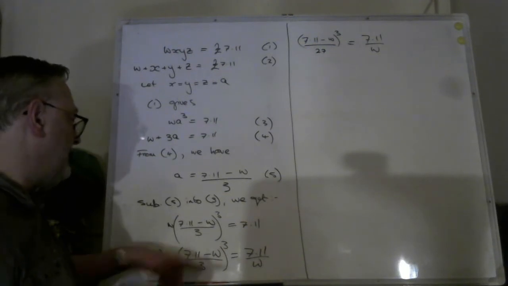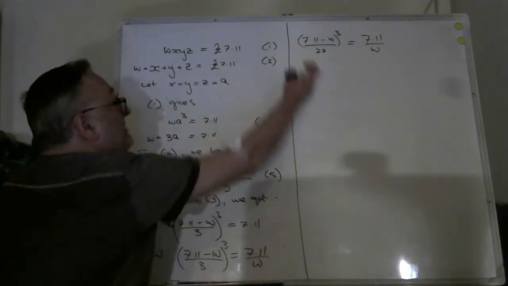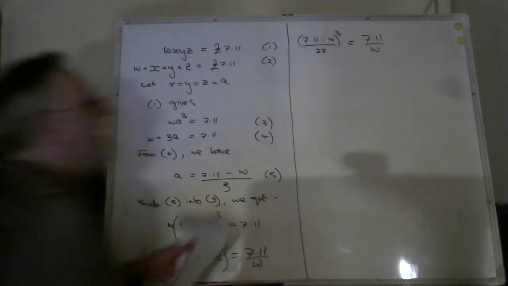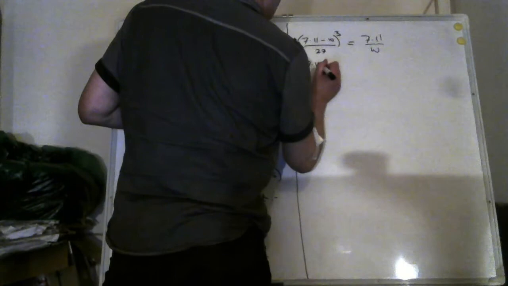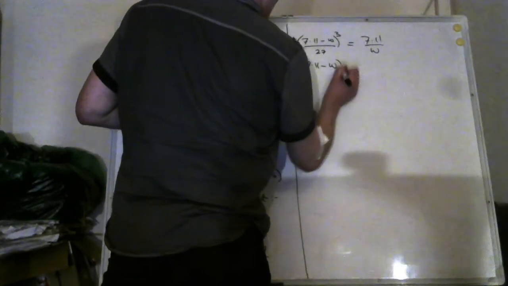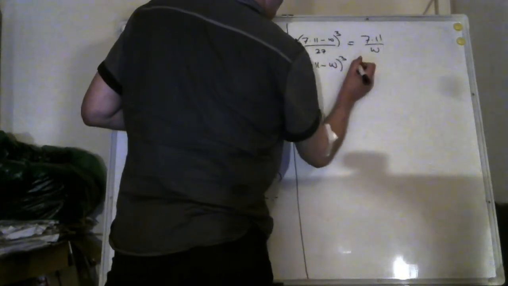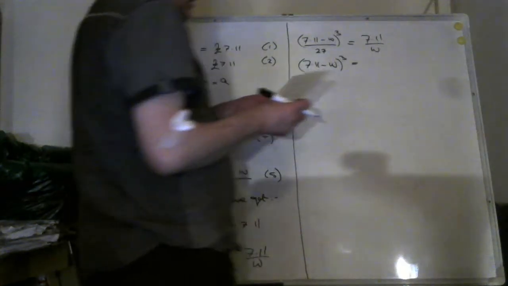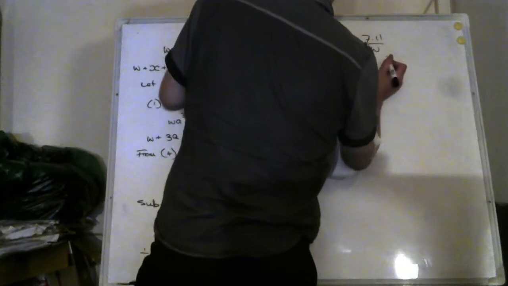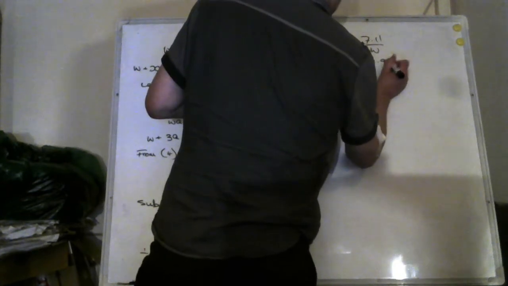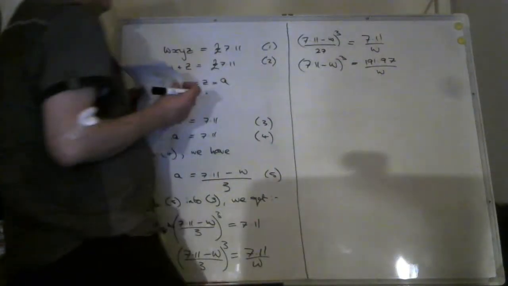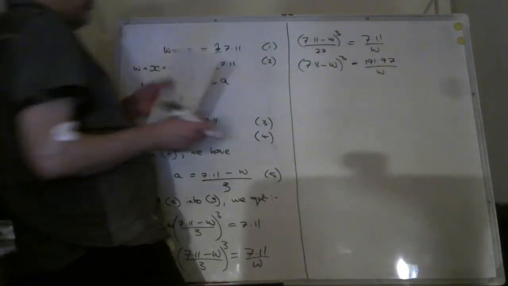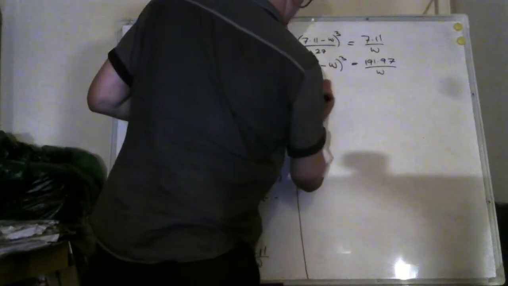We've already cubed the 3, which is 27 up here, and then what we do now is multiply both sides by 27, so that becomes 191.97 over W. Now what we can do is we can take the cube root of both sides.